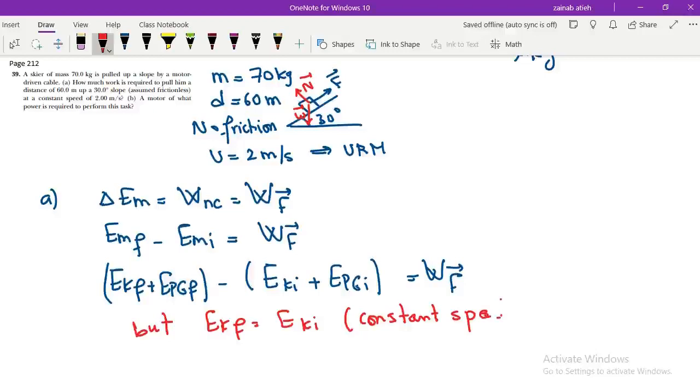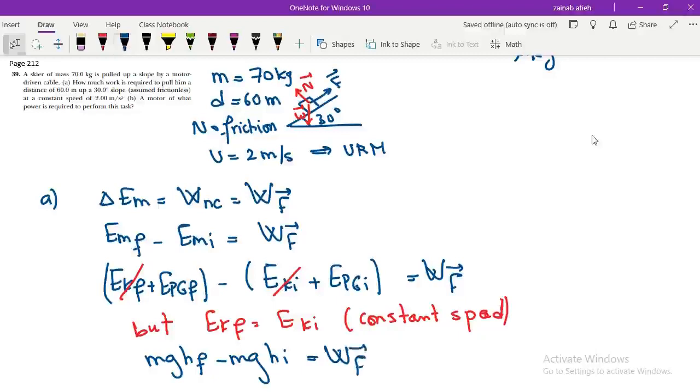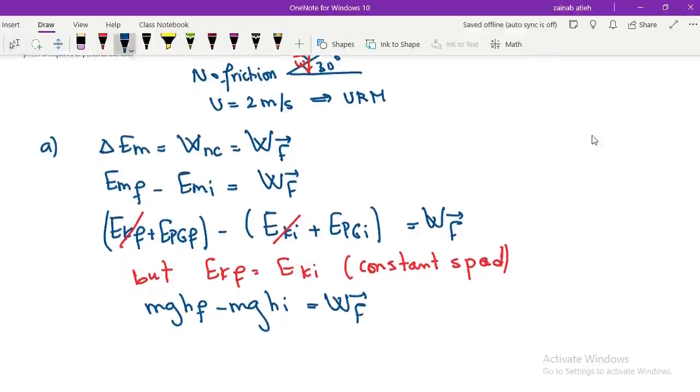So these two terms cancel each other. I have EPG final minus EPG initial, which is equal to mgh final minus mgh initial, equals the work of F. It's equal to mg times h final minus h initial.